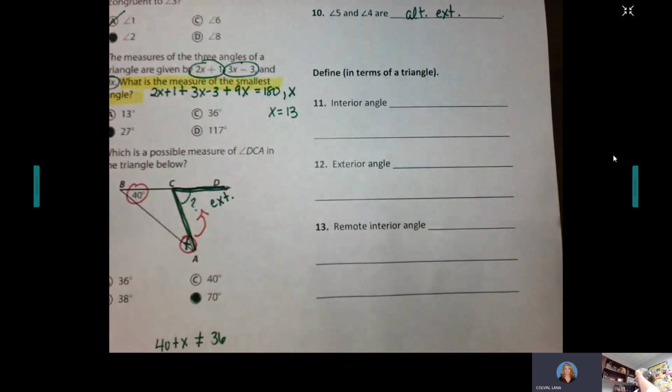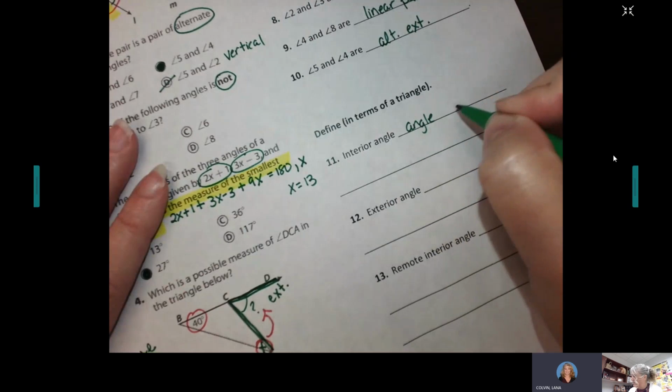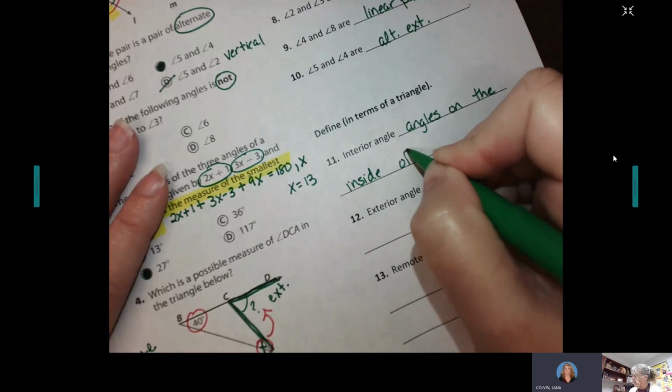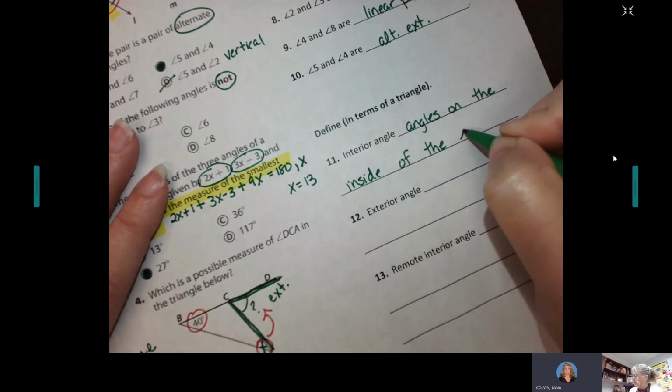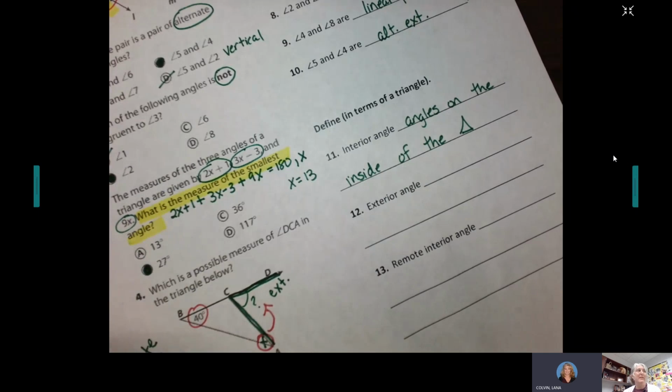Okay, define in terms of a triangle. What's an interior angle on a triangle? What does interior mean? Inside the triangle. So these are angles on the inside of the triangle. So that means an exterior angle is what?